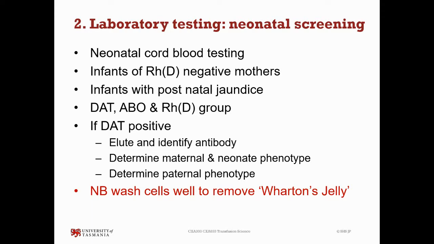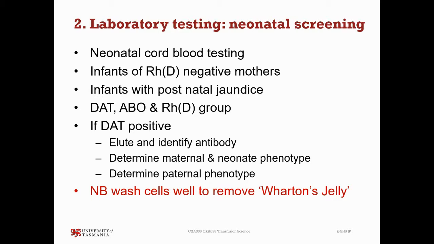Once the baby has been born, then what we do is we can do a cord blood testing. So again, when the baby is born, when the umbilical cord is cut, they can take a blood sample from the umbilical cord that they can then test the ABO and RHD blood group on the baby and do a direct antiglobulin test too, if necessary.